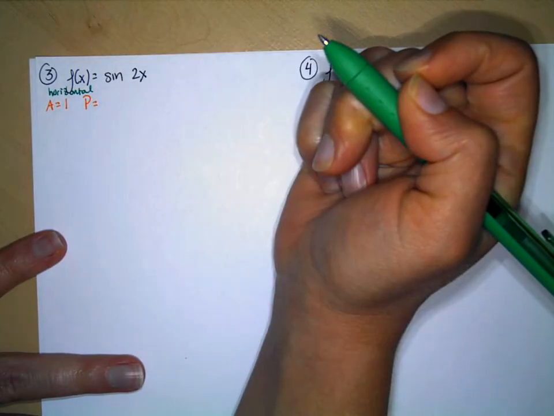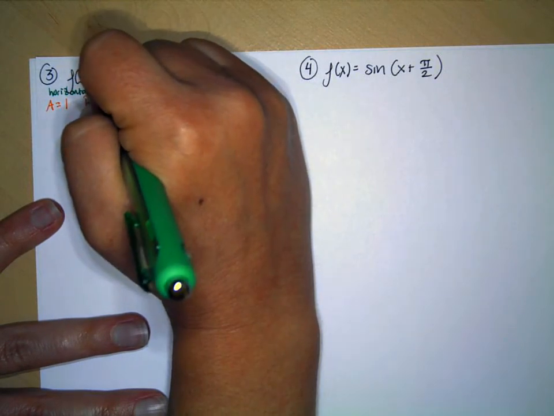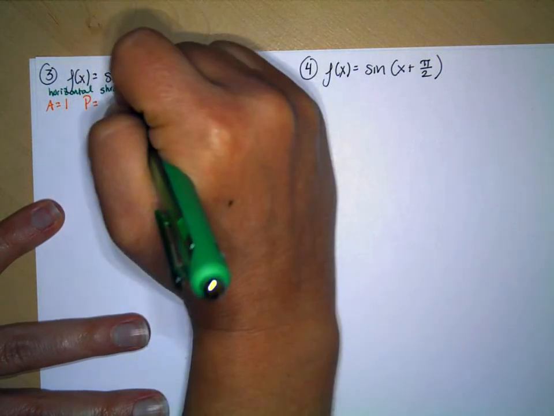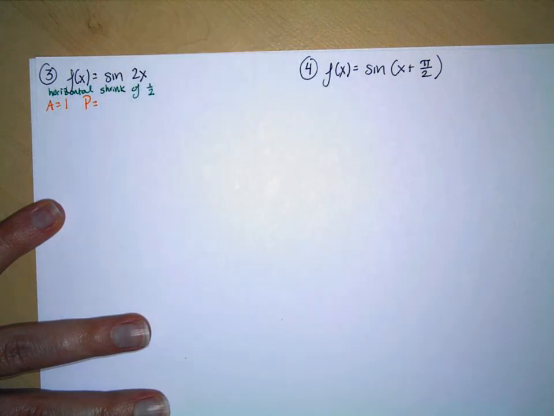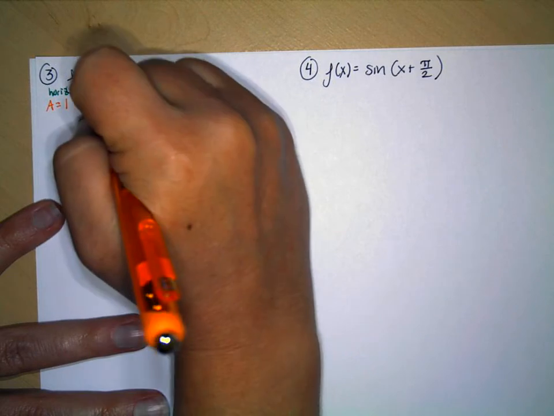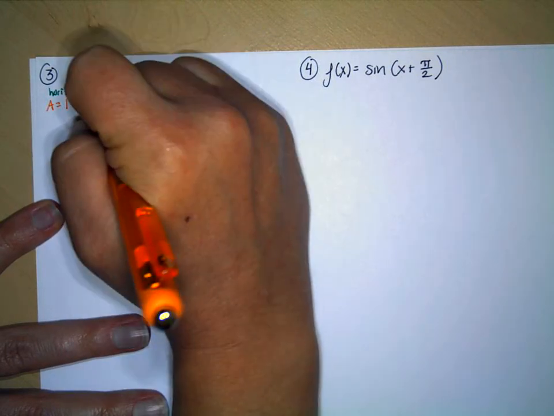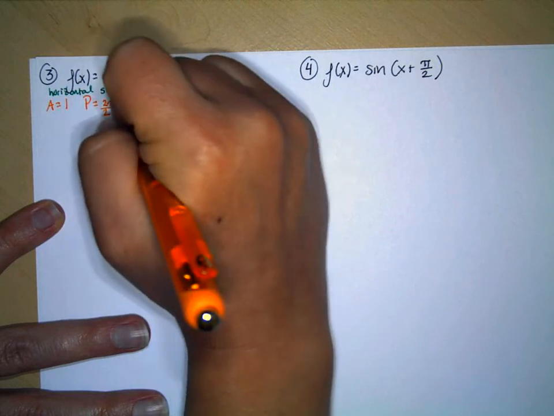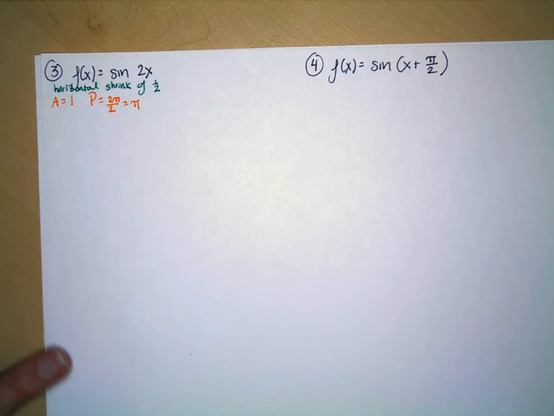So multiplying by 2 is not a stretch when it's horizontal. It would actually be a horizontal shrink of the reciprocal of that, so 1/2. To find our period, we do 2 pi divided by our b value. So 2 pi divided by 2 is going to give us 1 pi. And we don't have any shifts in this case.